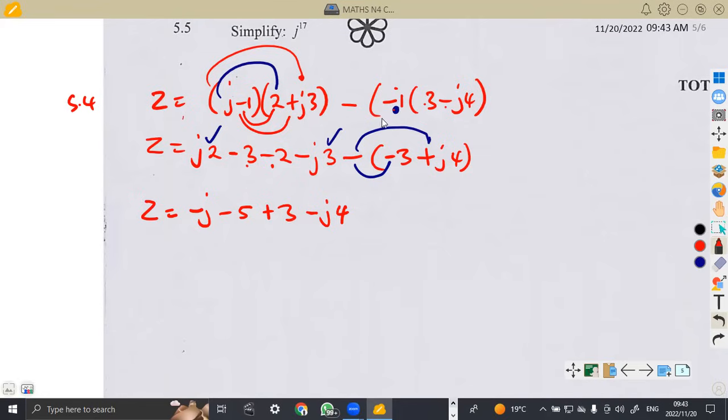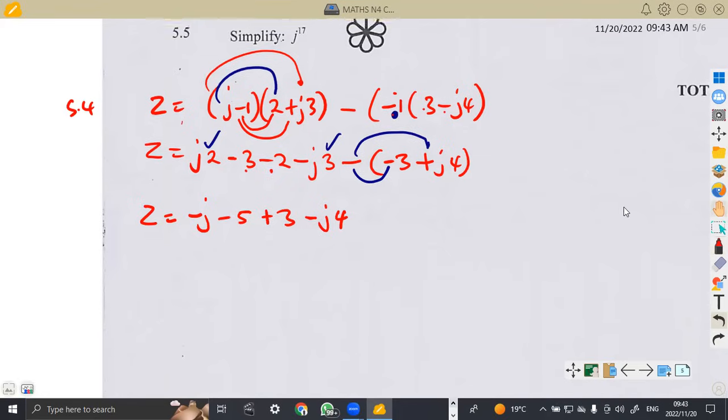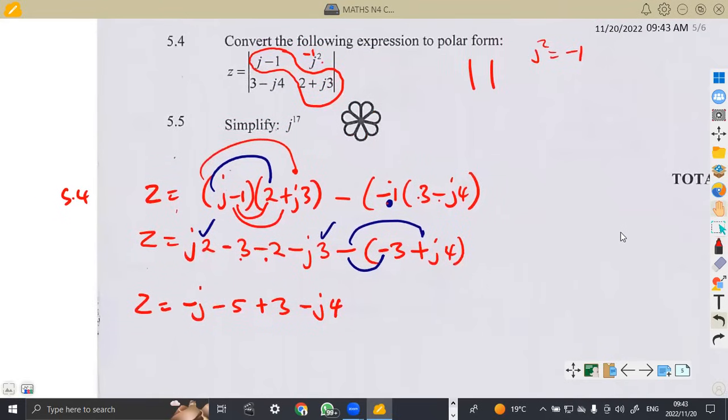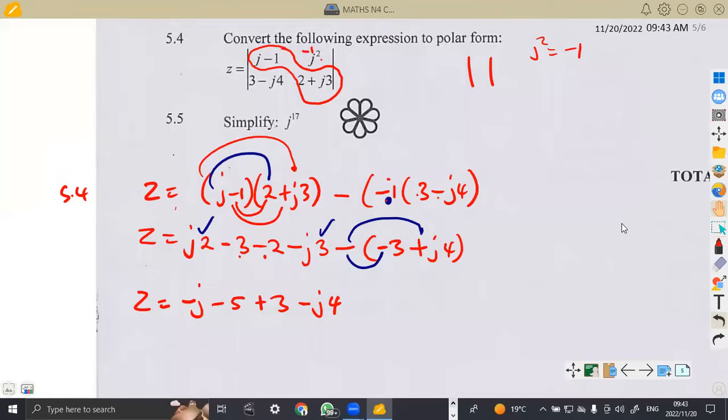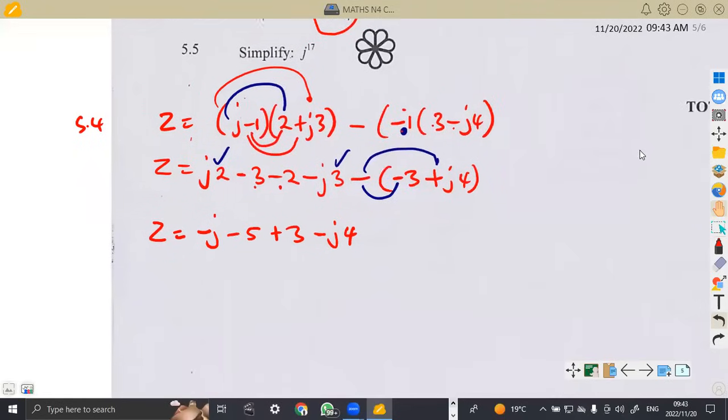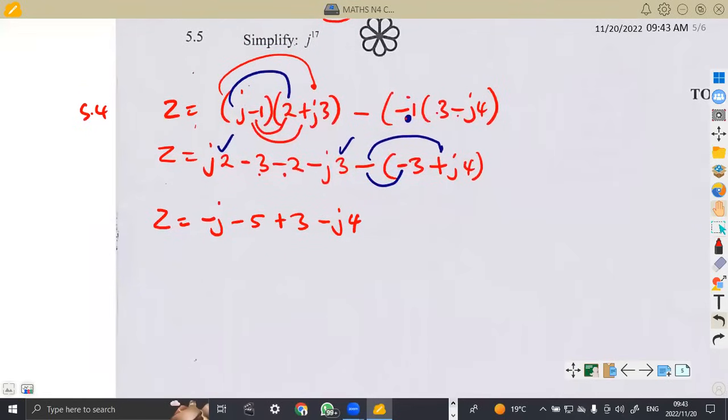Take note, guys, of what we are given. This was 3 minus J4, not 3 plus J4. All right, so now let's collect our like terms. This is going to be -5 plus 3, which is -2. Then for J, -1 plus 4 gives... let's see, -1, -4 on J, there is -5, so it was going to be negative J5.